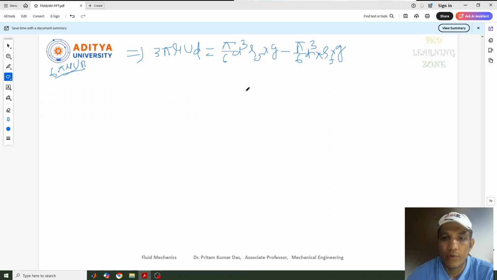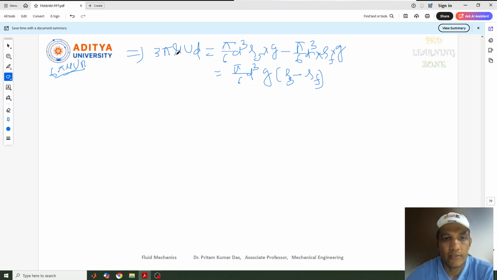Now we can take common pi by 6 d cubed g, so that we get rho s minus rho f. Okay, and what is our intention? Our intention is to identify the value of the coefficient of viscosity.